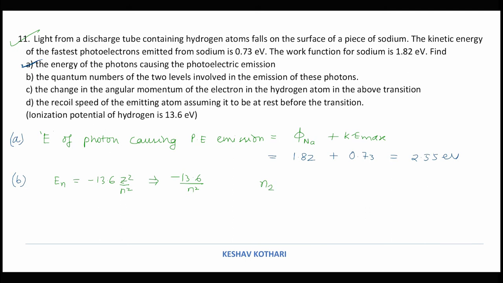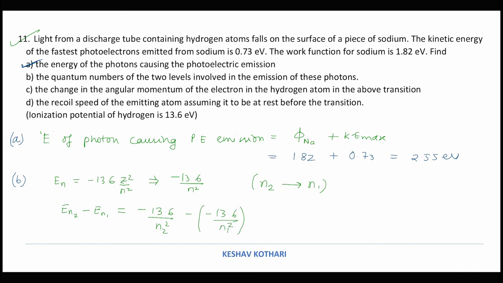We can write the energy corresponding to En2 minus En1 as minus 13.6 by n2 square minus of minus 13.6 by n1 square.